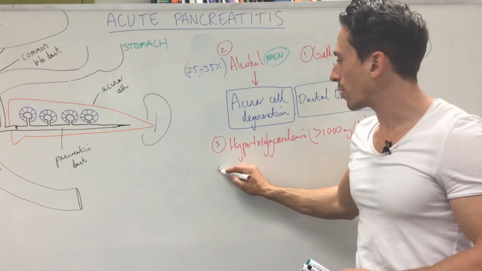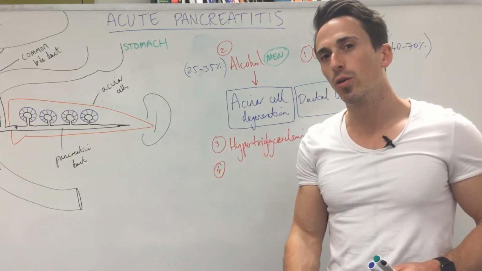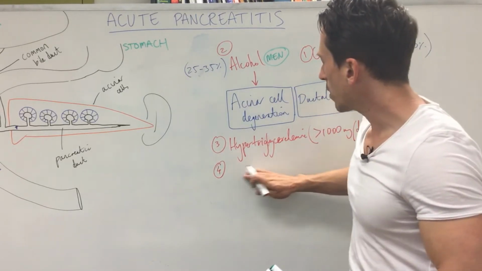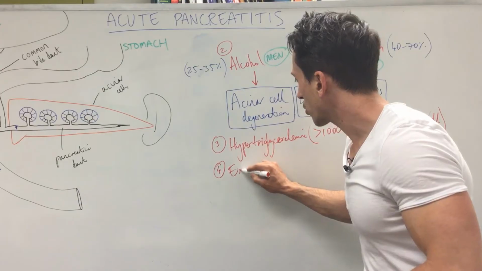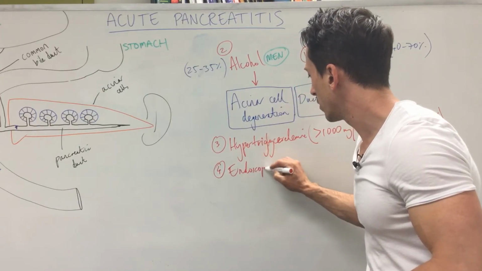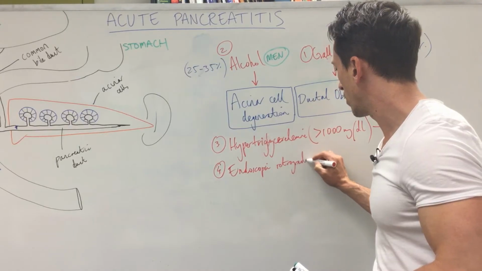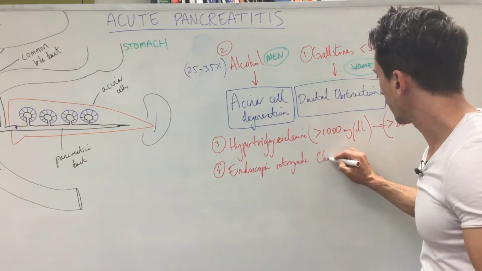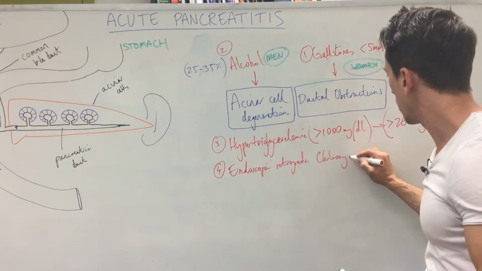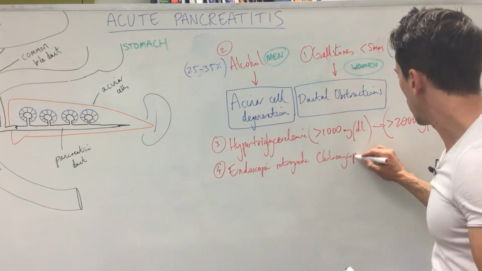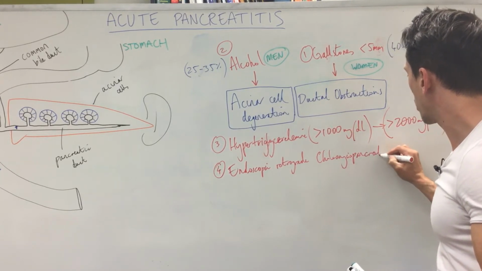What about the fourth most common cause? Well, what you can have is something called endoscopic retrograde cholangiopancreatography.